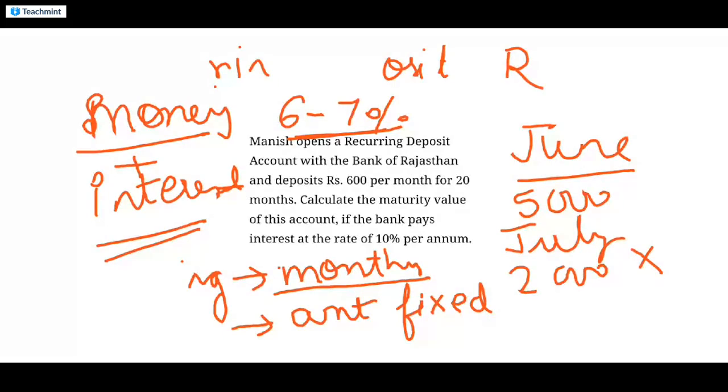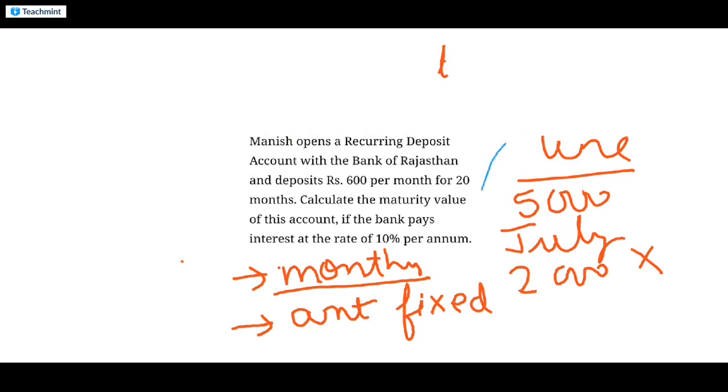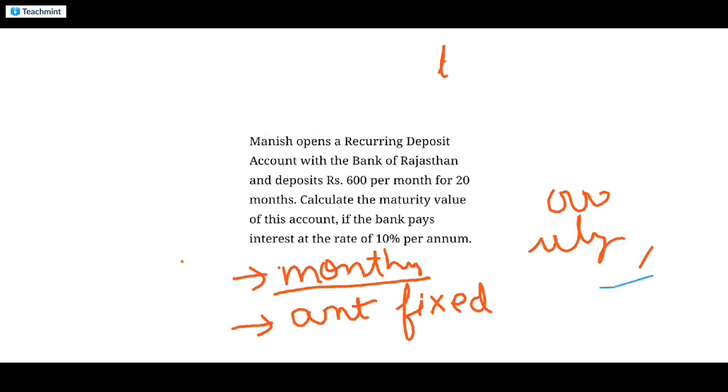So fixed deposit is like a one time investment you do and you get the money, and recurring deposits are monthly based. Every month you will be putting a fixed amount into that RD account, and you obviously decide for how many months or how many years you want to continue depositing. Say you have decided you want to go for 2 years.